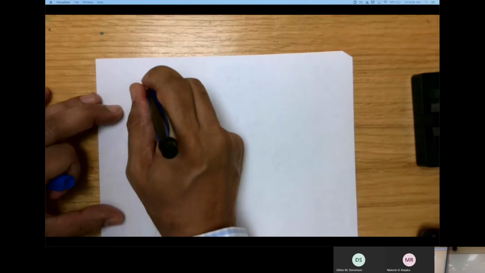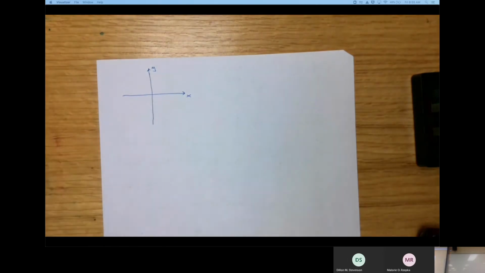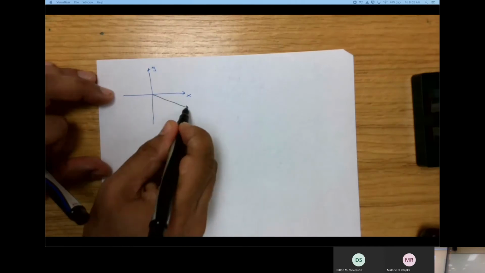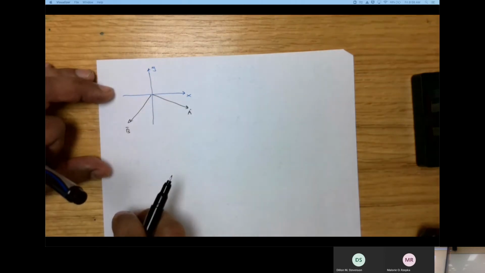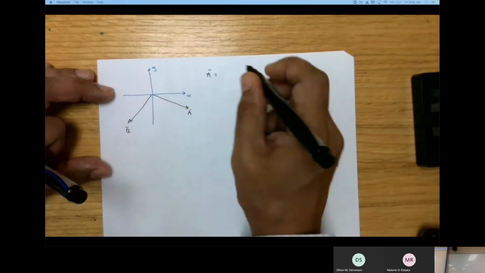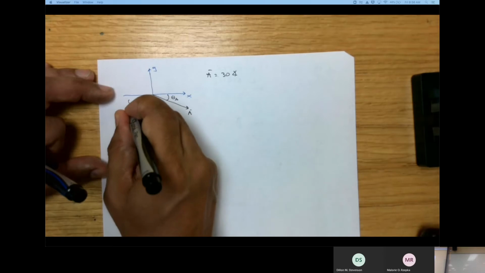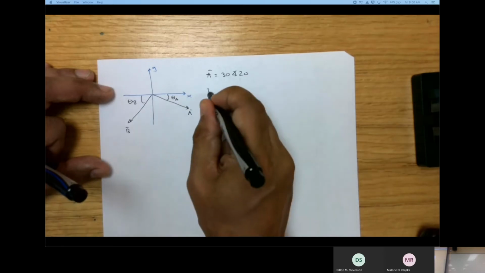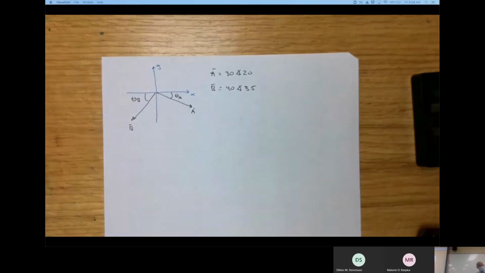So we're going to try what I'm going to let you guys do. Okay, so this is vector A, and this is going to be vector B. I'm going to assume that vector A has a magnitude of 30 units and is 20 degrees below the x-axis.